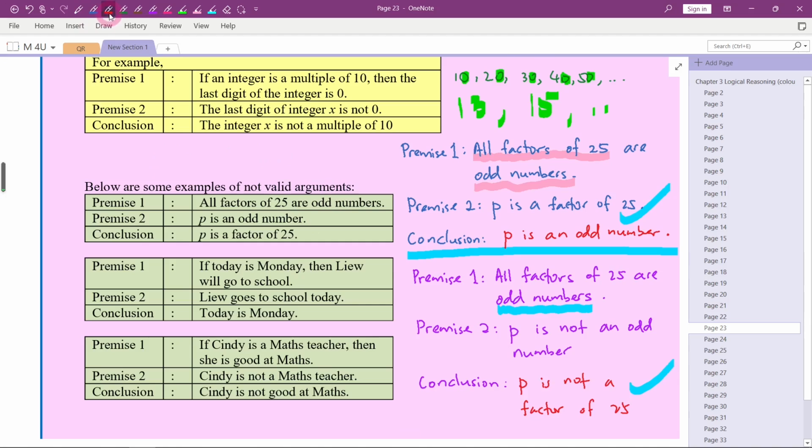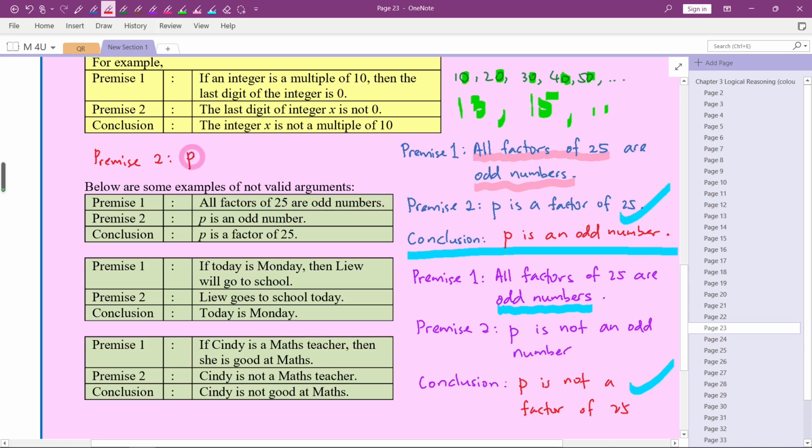Okay, so how about if I form it this way? I write the premise 2 over here. Okay, the premise 1. All factors of 25 are odd numbers. Now I talk about this part, but I want to write the opposite form of this. All factors of 25 are odd numbers, right?